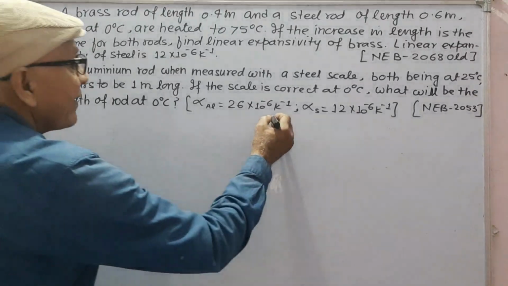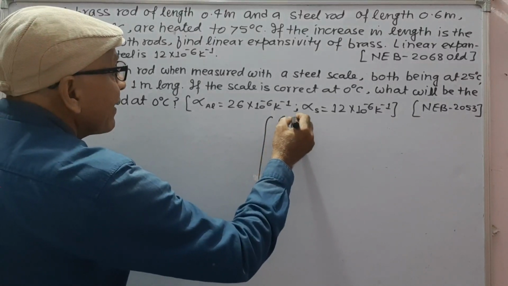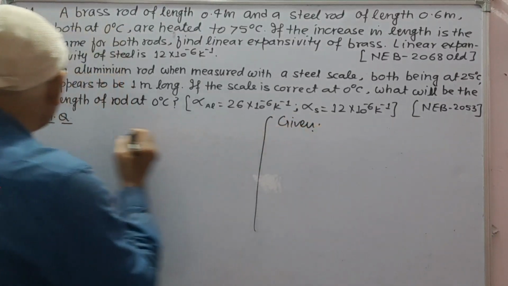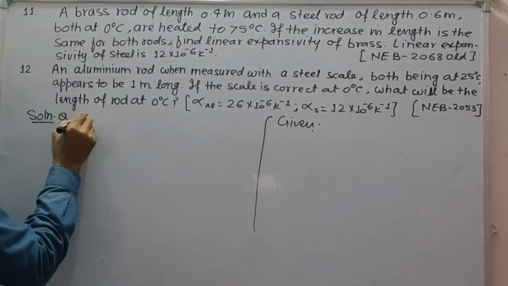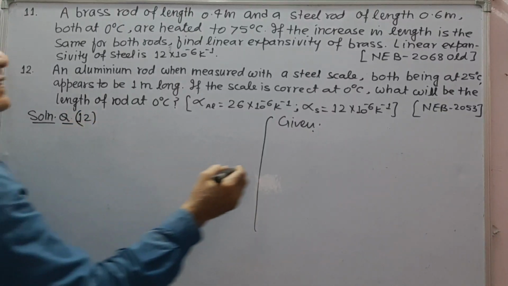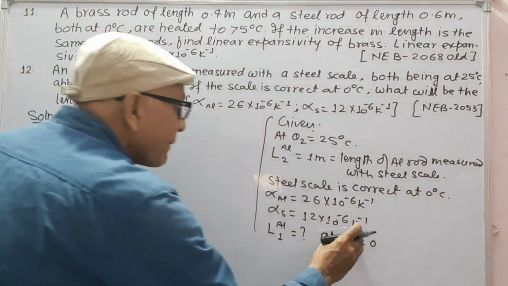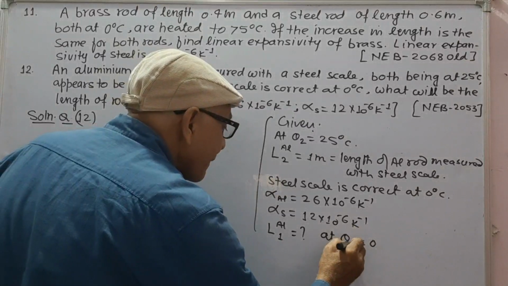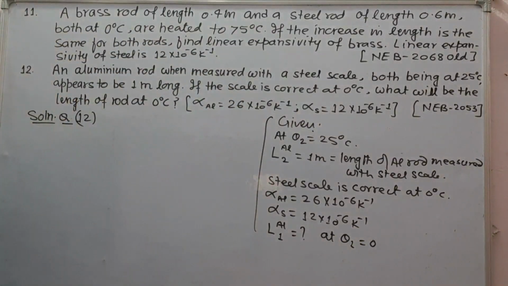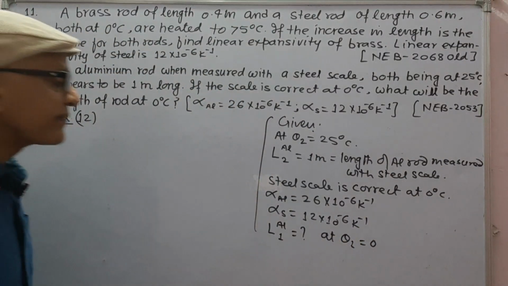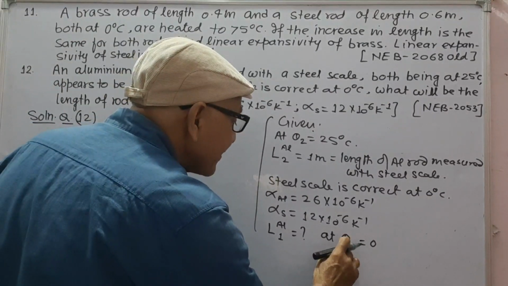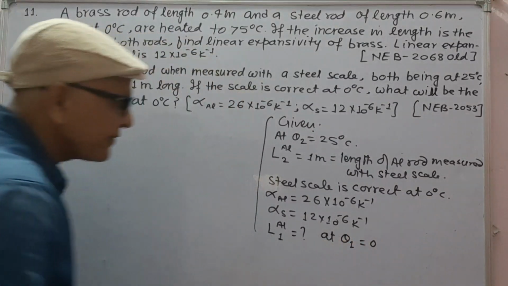So, given solution to question number 12: length of aluminum rod at 0 degrees Celsius means at theta 1 is equal to 0 degrees Celsius.